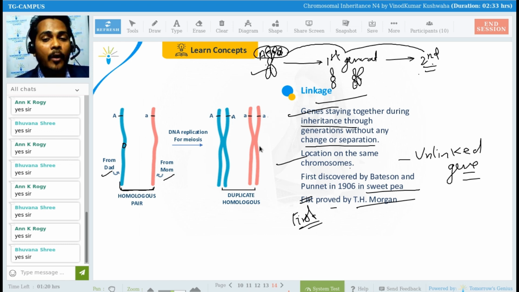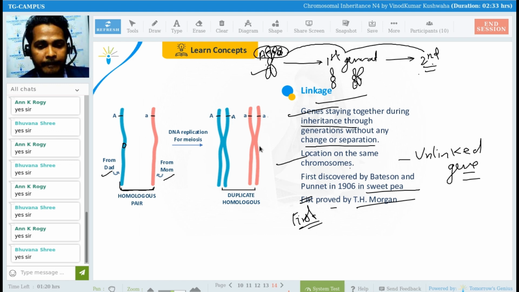On the same chromosome, it is called a linked gene. On a different chromosome, it is called an unlinked gene. Suppose there is no tendency, they get separated. On a different chromosome, it is an unlinked gene. Clear?